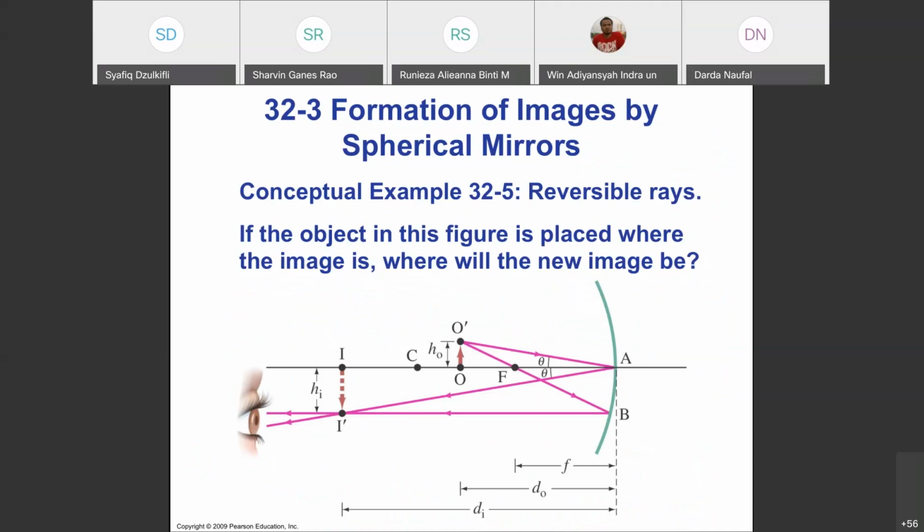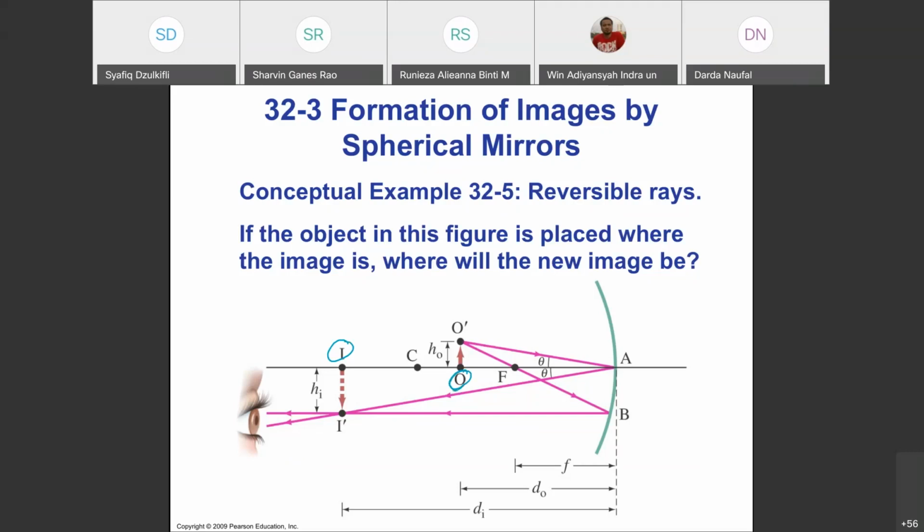Okay, question. If the object in this figure is placed where the image is, where will the new image be? If we put HO here, if the object of this figure is in here, where will the new image be?